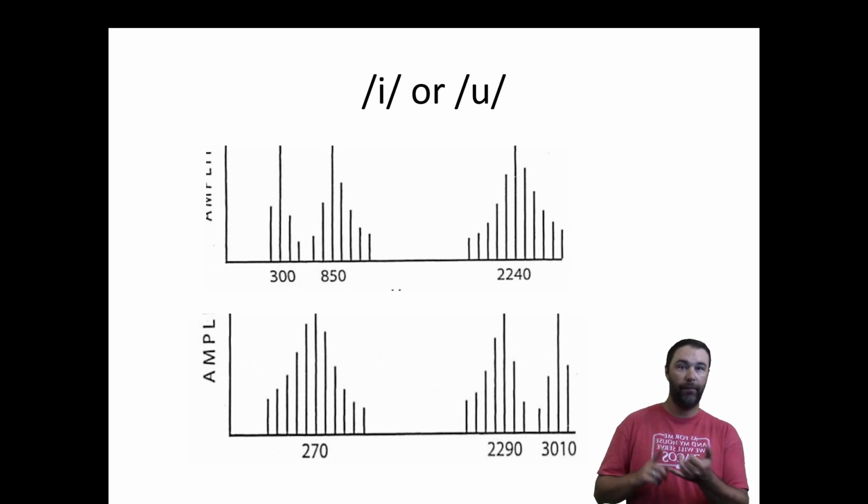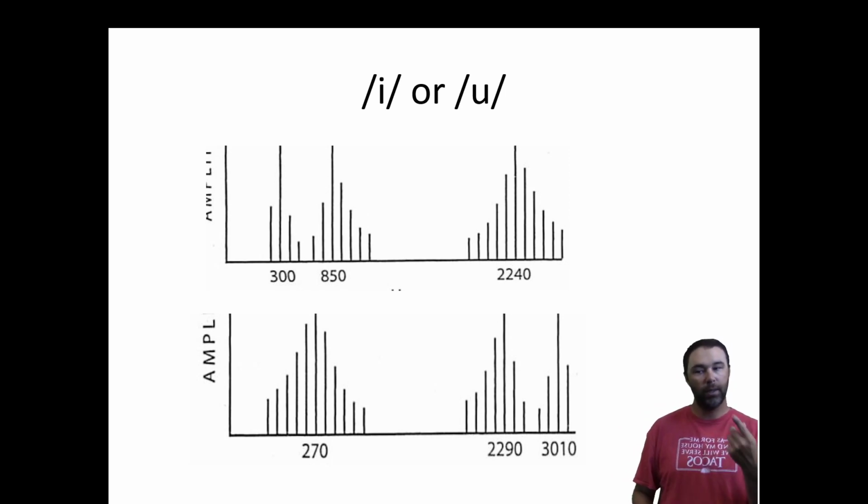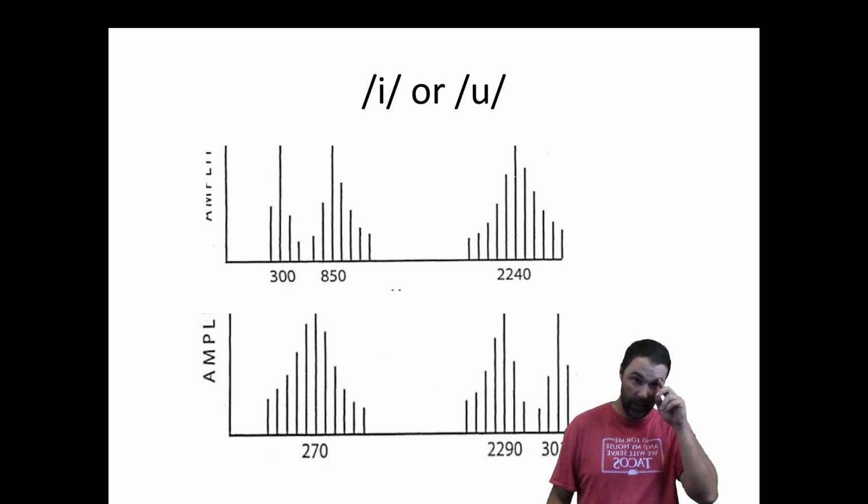Because what was the schwa? 500, 1500. 270 is much lower than 500, so it has a bigger pharyngeal cavity. 2,290 is much bigger than 1,500, which means we have a much smaller oral cavity. Bottom: big pharyngeal, small oral. Top: big pharyngeal, big oral. Once again, that's enough to know which one's E or oo.